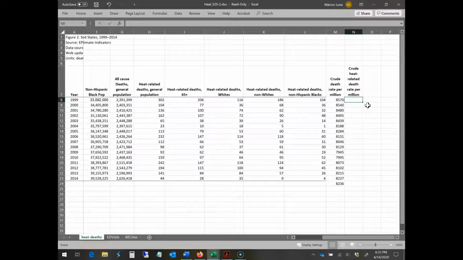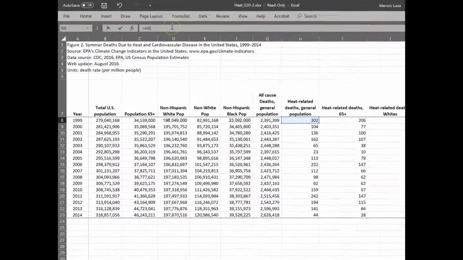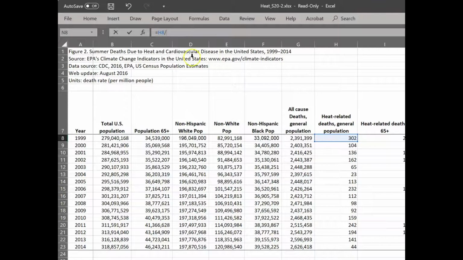So it works exactly the same way. And this time, instead of taking the total number of deaths, we want to get the number of people who died from heat specifically, right? So we start the formula and we select the heat-related deaths, right? And I'll move up here to the formula bar again and divide it by the total population, just like we did before. And then finally, we multiply again by 1,000,000.